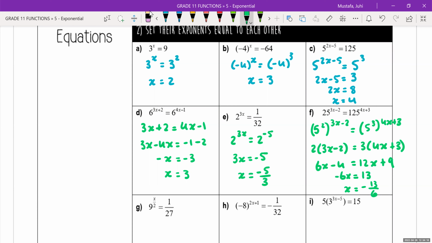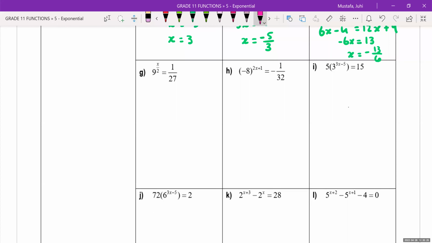Yeah. Example. Again, we have a 9 and 1 over 27. I've already said that whenever we have a fraction with a numerator of 1, we're probably thinking of some sort of negative exponent. But unfortunately, none of these can have a base of 9. So we're actually going to replace both of them to have a base 3.